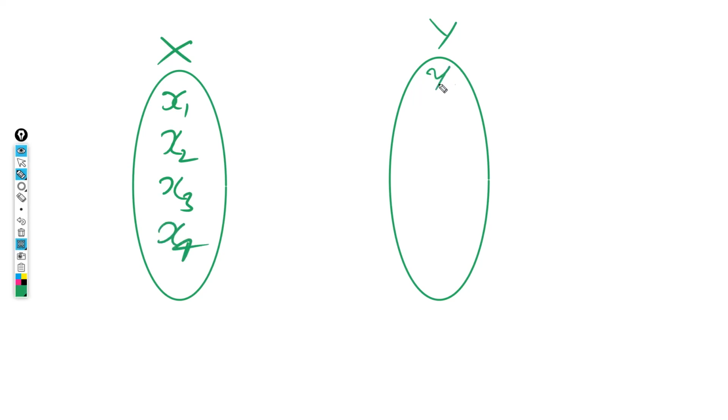And you have elements here Y1, Y2, Y3, Y4, Y5, Y6. Then you want to understand the number of functions here, whatever it is, it should be a function. To get different functions here, what is the rule to be followed?